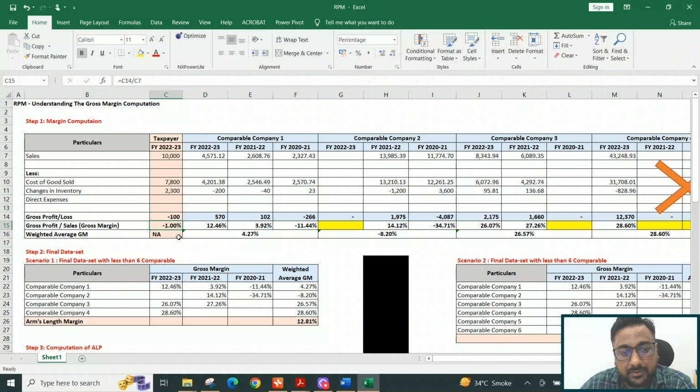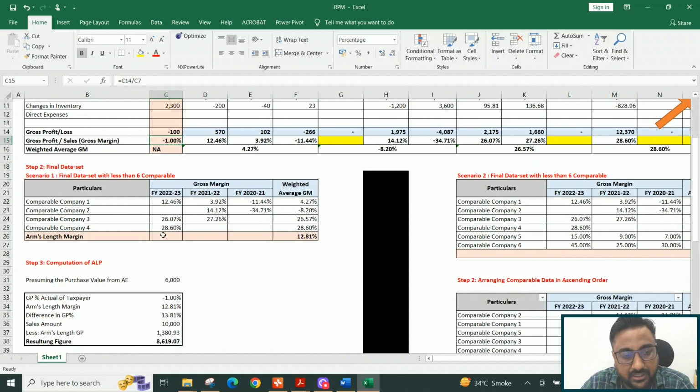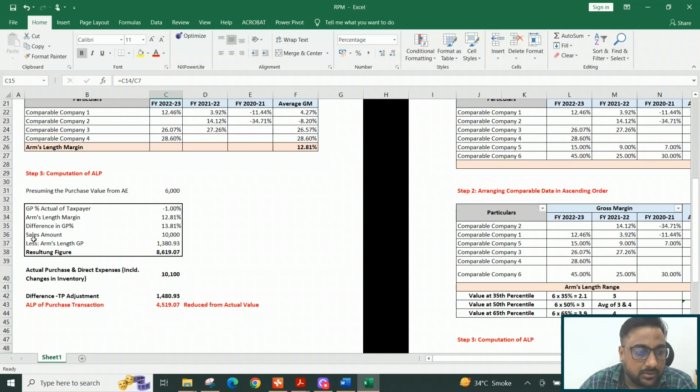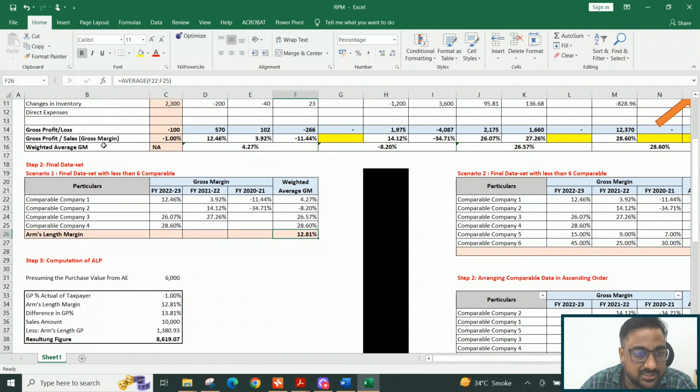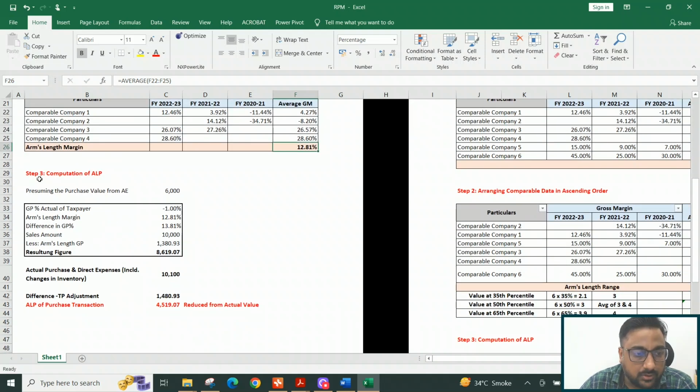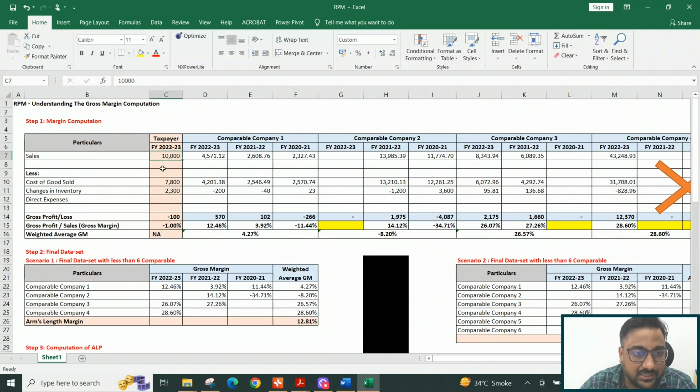And how will it be 12.81%? I need to add the margin to the transfer price, right? So I have to do that adjustment to the transfer price, so that the resulting margin comes to 12.81%. So how will I do that? The sales amount is 10,000, correct? Now as we have computed this 12.81% on sales, it was gross margin on sales. The sales of this company was 10,000.